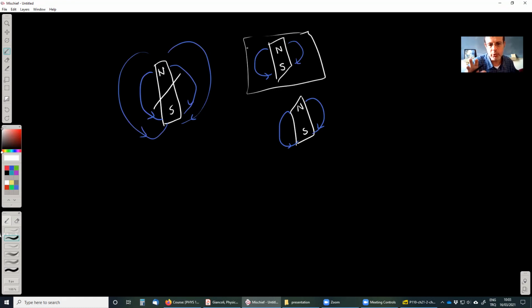Every magnet contains both poles. So a magnet is essentially a dipole that contains two poles. We will talk about these later, all right? But magnetic monopoles are particles that have only one type of pole. So that's a magnetic monopole.